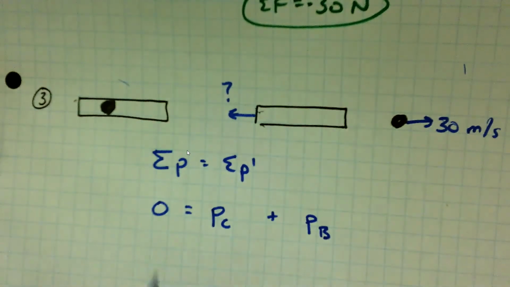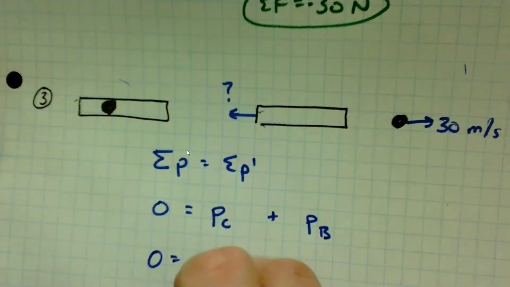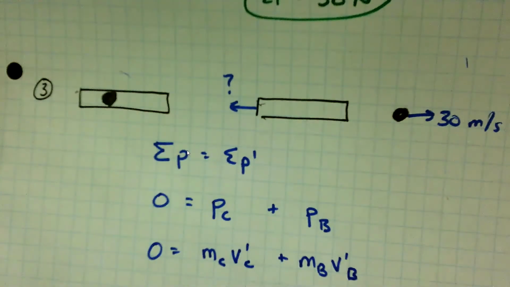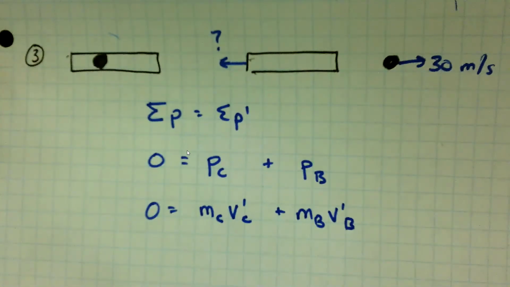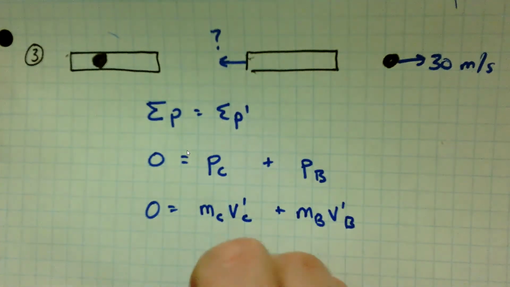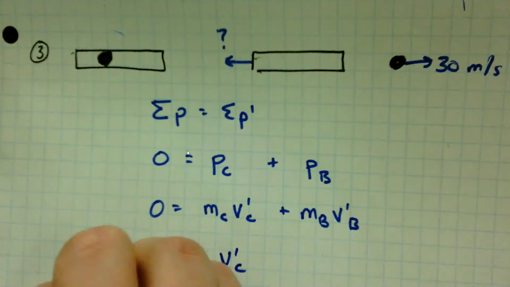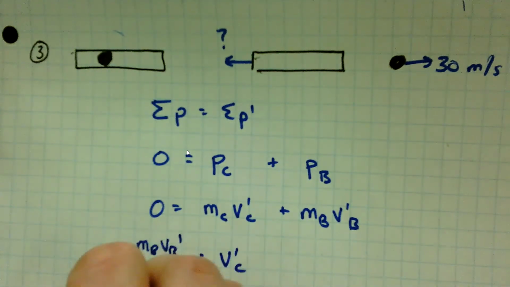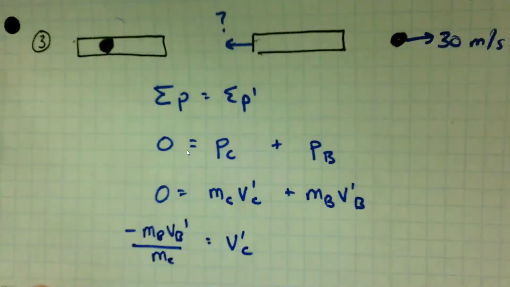So in other words, I have 0 equals the mass of the cannon times the v prime of the cannon plus the mass of the ball times the v prime of the ball. So v prime of the cannon should be negative mass of the ball times v prime of the ball, divided by the mass of the cannon.